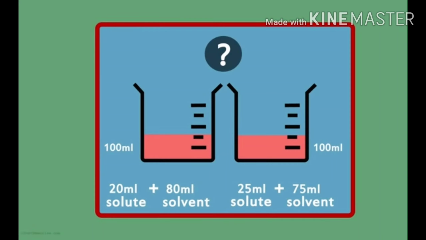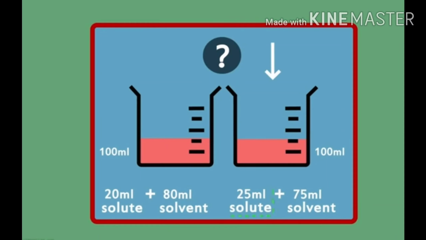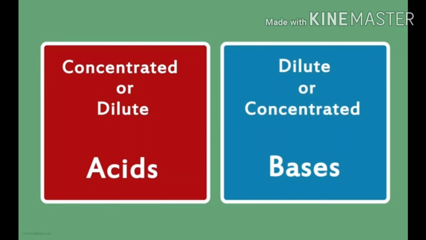Which solution is more concentrated according to you? Yes, it is the solution in beaker 2, because the proportion of solute is more in beaker 2 than in beaker 1.